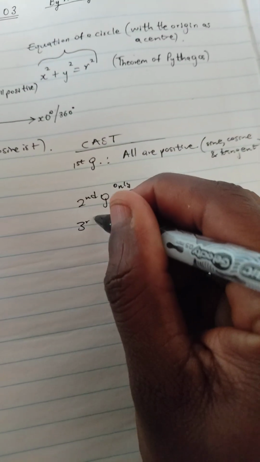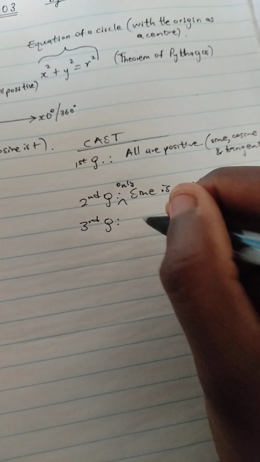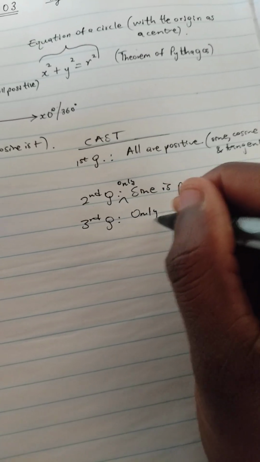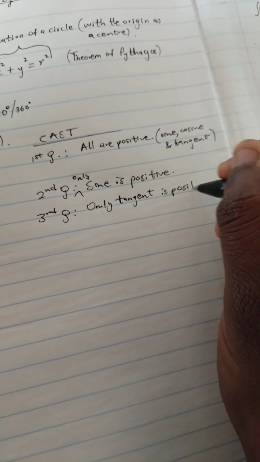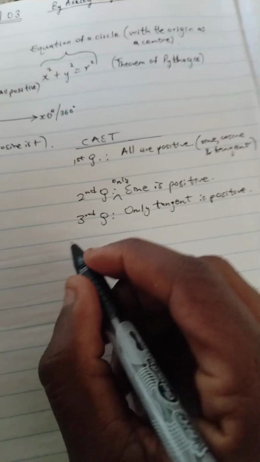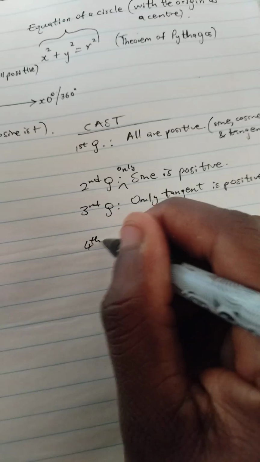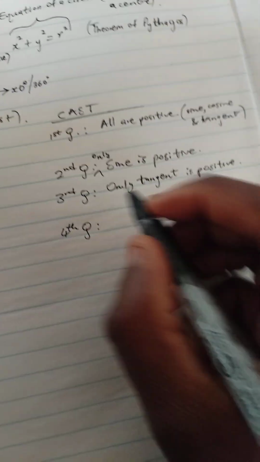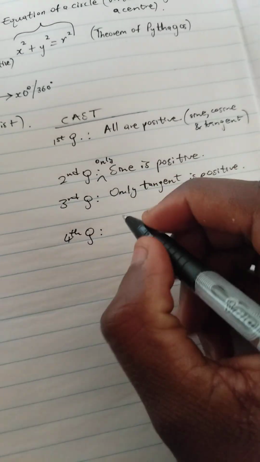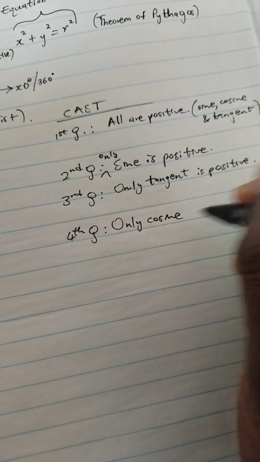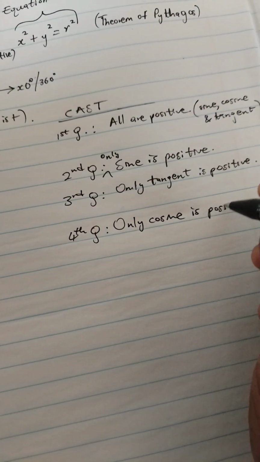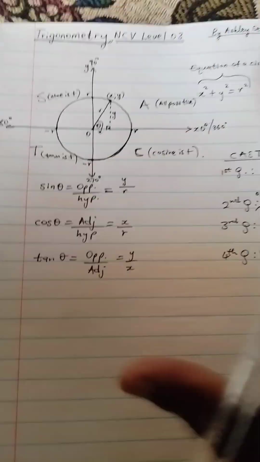In your third quadrant, only tan, which is tangent, is positive. In your fourth quadrant, only cosine is positive. This is true about this.